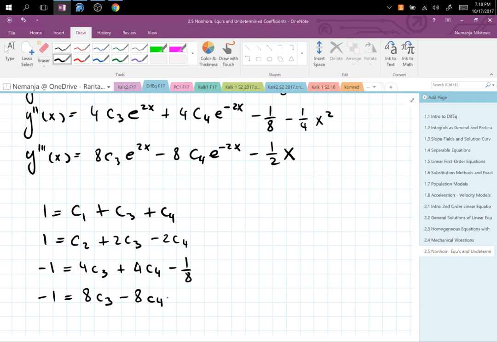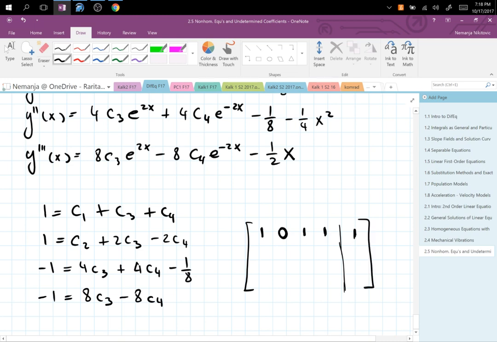So now we create the augmented matrix, and we use RREF, row reduced echelon form, on the calculator to solve this quickly. So the first row is 1 on C1, 0 on C2, 1 on C3, 1 on C4, and in the augmented part over here, 1 as the answer.